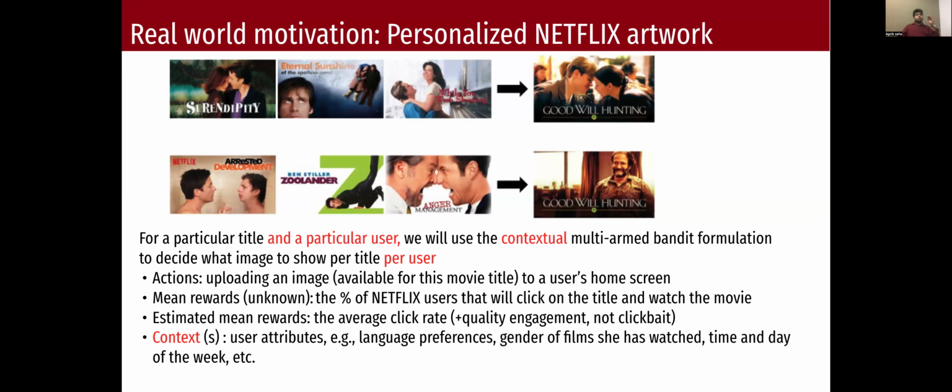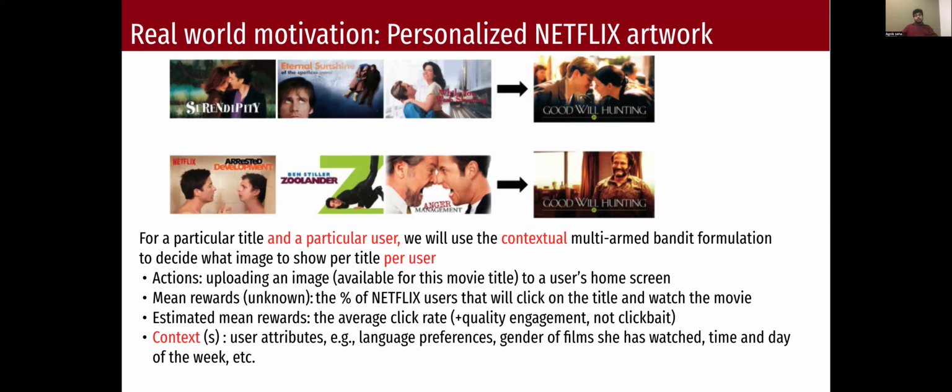And as I'm discussing context, what can be the context? Pause the video and think about what the context can be in this personalized Netflix artwork problem. I hope you have thought about it.